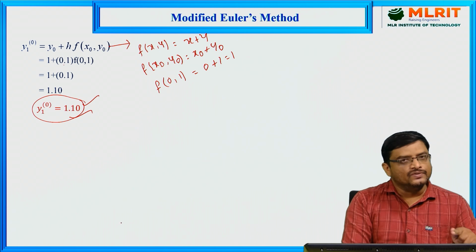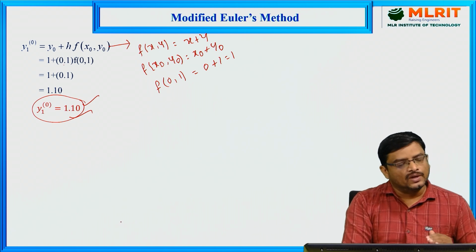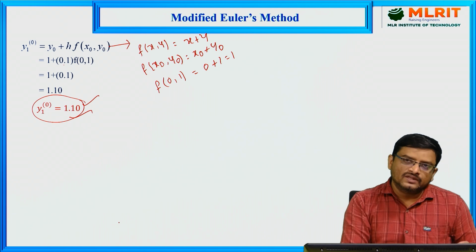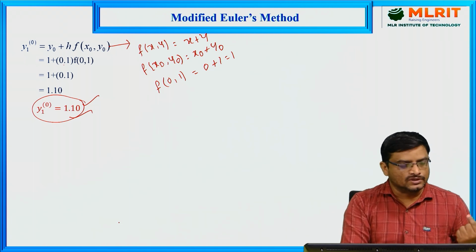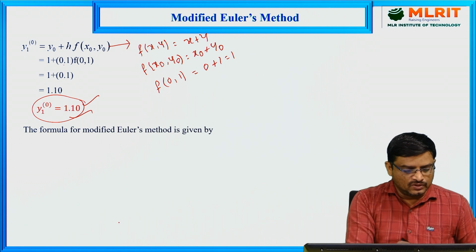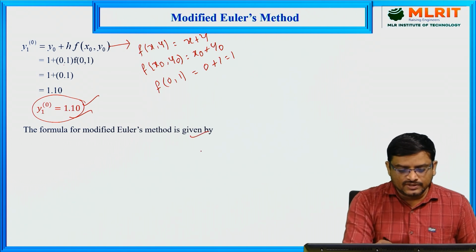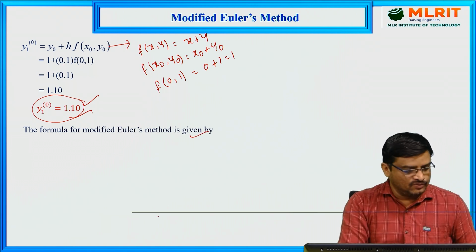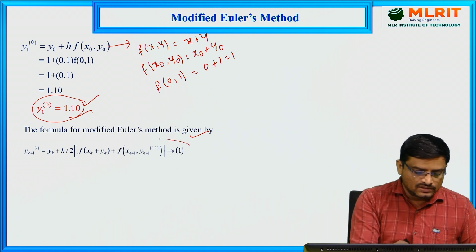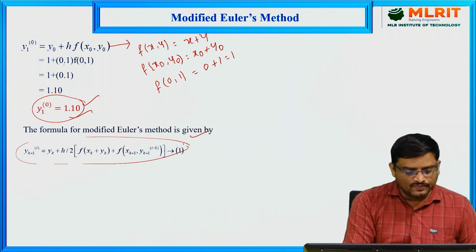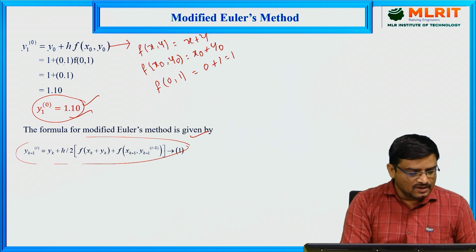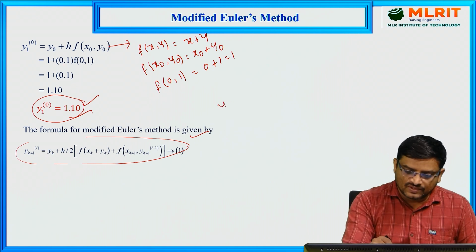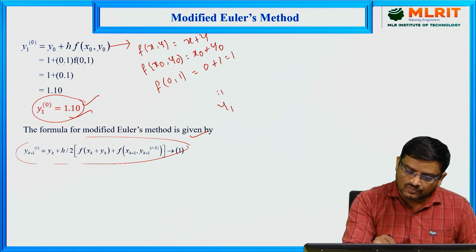Now by using this initial approximation, we are going to apply the modified Euler's method, and we are going to get the first approximation of y1, second approximation of y1, third approximation of y1. The formula of the modified Euler's method is given by this standard formula. Now from this formula I want to get the first approximation of y1.